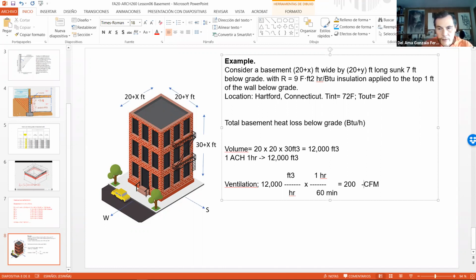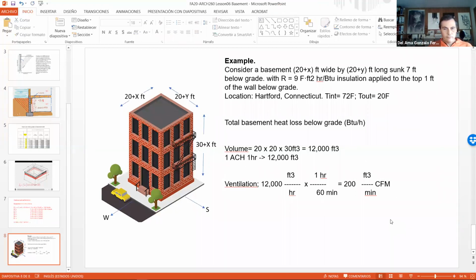And we know that CFM is cubic feet per minute. So in this building, one air change per hour is 200 CFM. Is it clear?